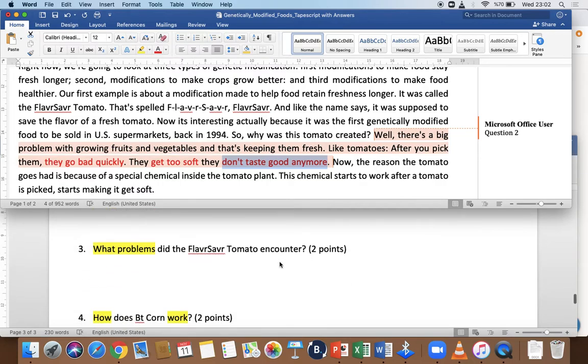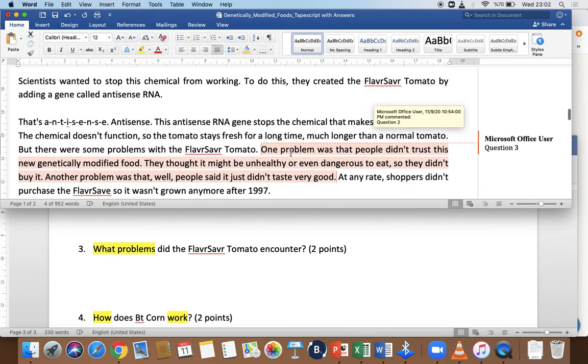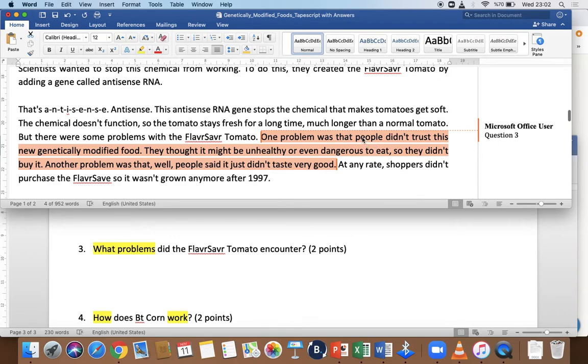Next question. What problems did the flavor savour tomato encounter? Now let's look at the problems. One problem was that people didn't trust. And they thought that it might be unhealthy or dangerous to eat.